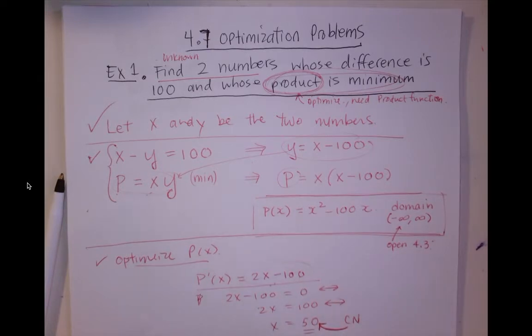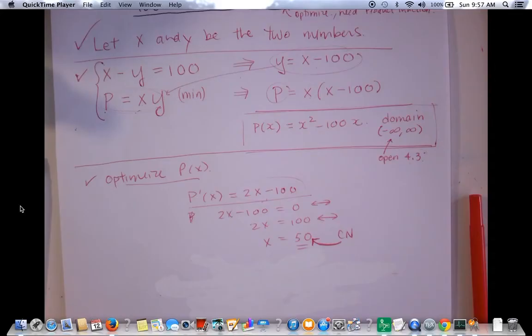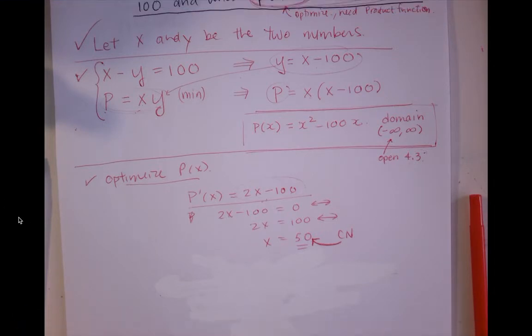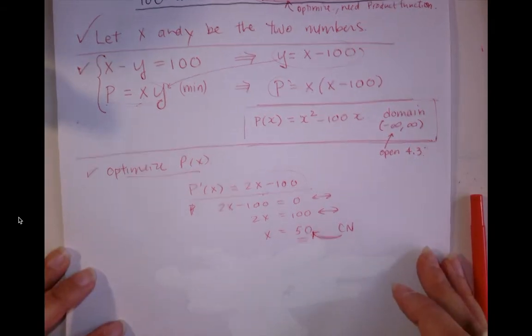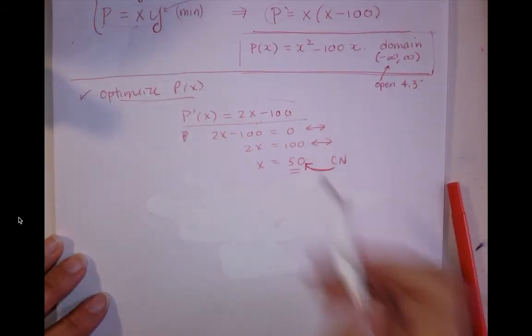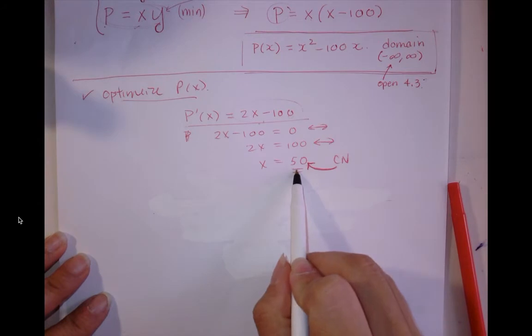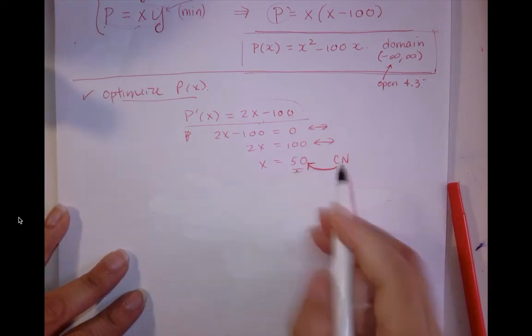So if there's a local max or min, it had to have occurred here. So I'm going to test it. Okay, so we found the critical number, and it's the only critical number, and we need to test around it.